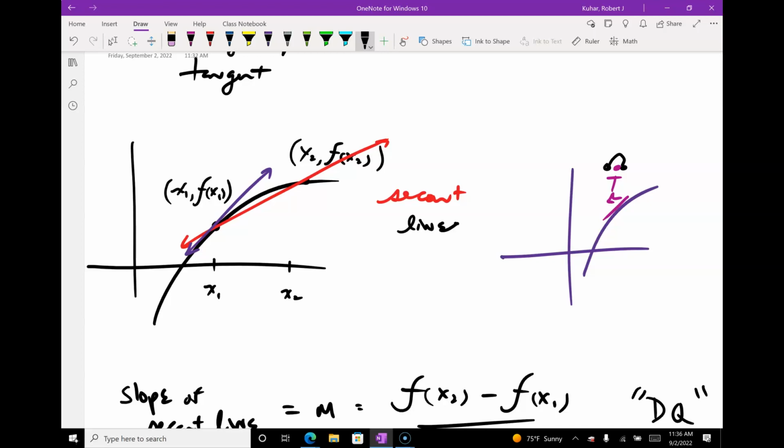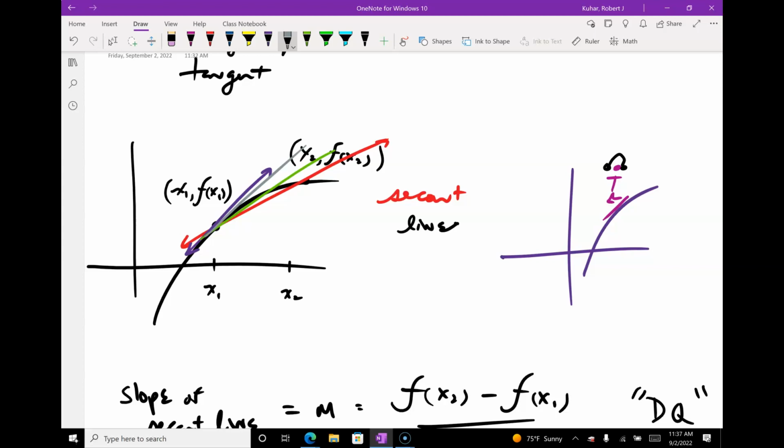So I really want to think about that secant, and then the green one, and then the gray one, and what's happening to the slopes of those secants, right? Red, green, gray, it will help you predict the purple slope. And what's happening to x sub 2?